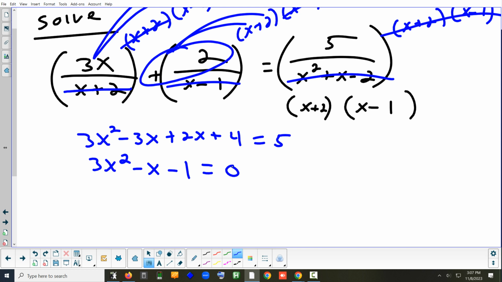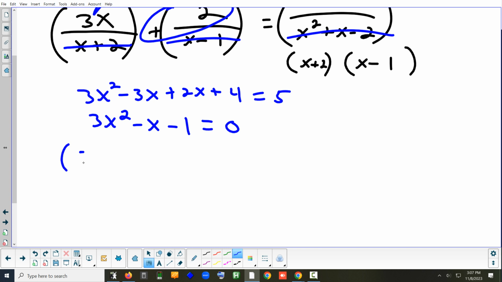Okay. Now, to solve a quadratic, one method is to try to factor. We did that earlier, some factoring. Or we can use the quadratic formula. I don't think we're going to be able to factor that because you're looking for 2 numbers that, well, it's got to be a 1 and a 1. 3x of x has to be a 1 and a 1.